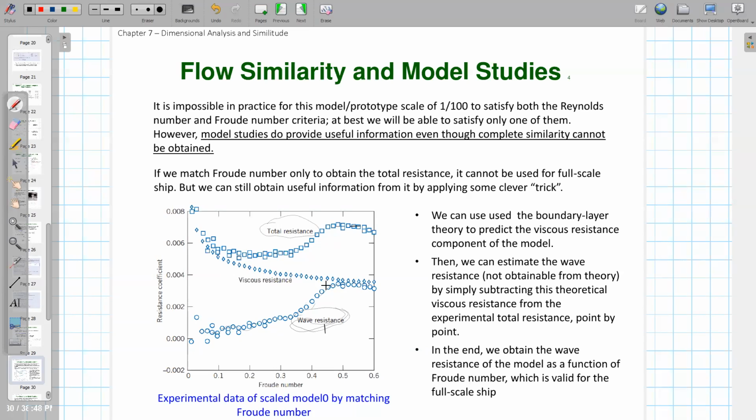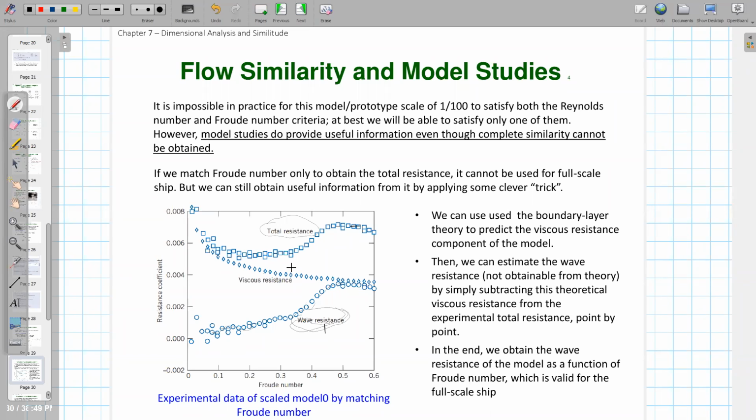So what we can do is use some analytical method for the viscous force for this shape. Instead of using experiments, we can do some analytical study, like using the things we will learn in the next chapter.